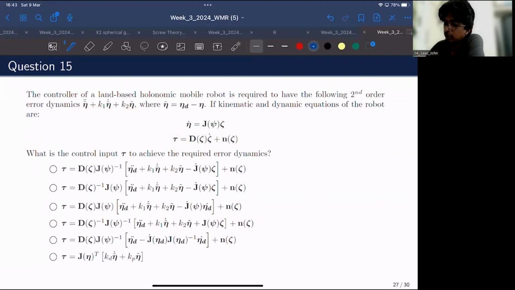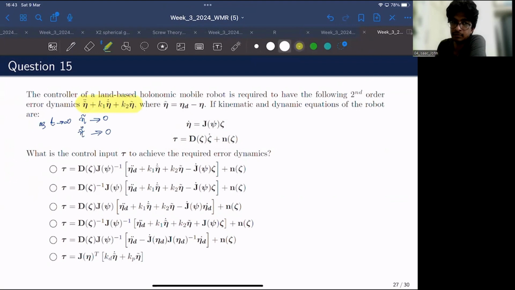The reason it follows second order dynamics is that as time tends to infinity, the position errors eta tilde will tend to 0, and the velocity errors will also tend to 0. So that is why we want the robot to behave as per the second order dynamics. I'll label this as equation 1, equation 2, and equation 3.